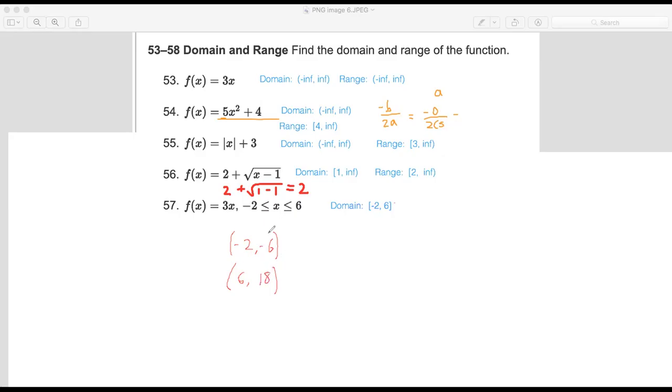And so the y values are going from -6 to 18. And that's the brackets. All right, and that's it.